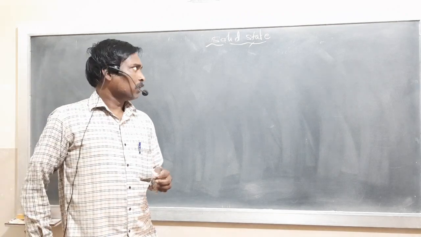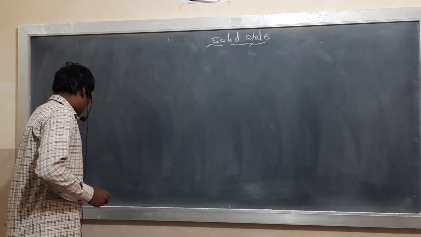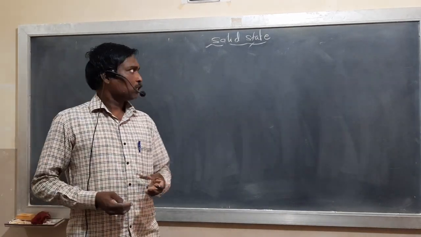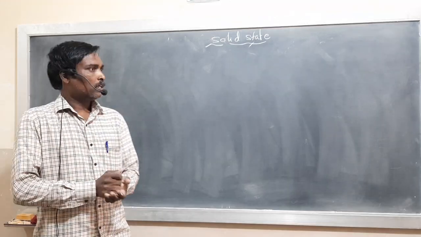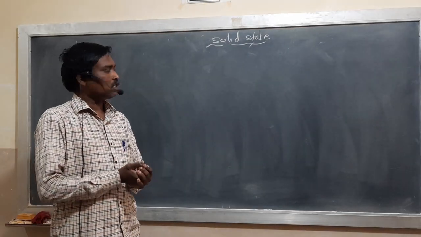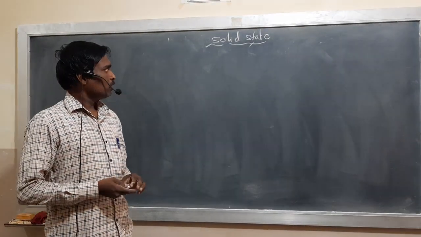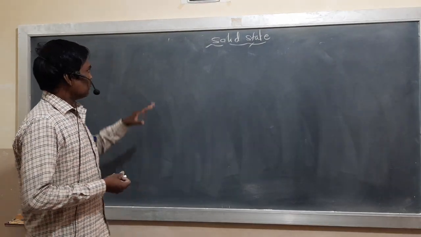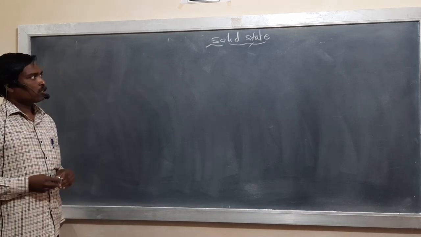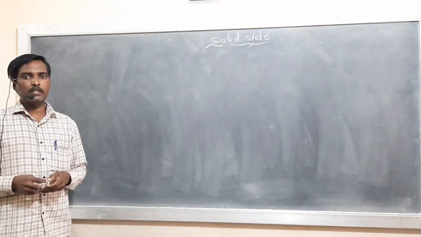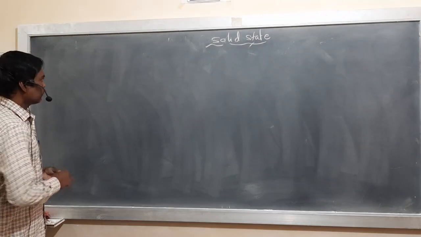Now, students, the next type of classification of solids. Just now we discussed amorphous and crystalline solids; that classification is based on the nature of the compound. The next one is the classification of solids based on the binding force present between the constituent particles.